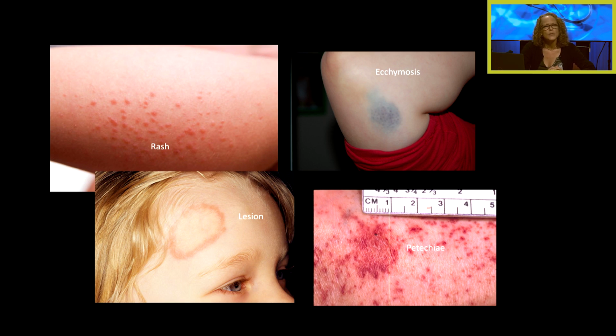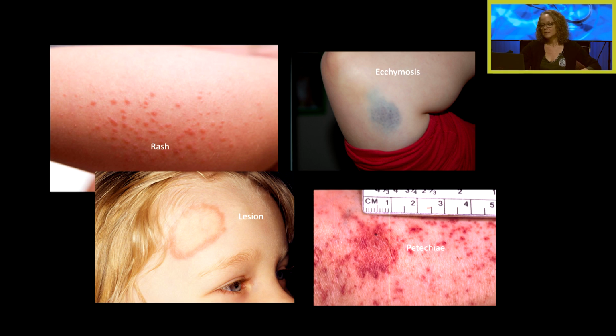Ecchymosis can be purplish, bluish, yellowish. It can take the form of different colors. And then on the bottom, we see something called petechiae. Notice that petechiae and rash look a little different. The petechiae aren't necessarily raised. They are kind of level with the skin.